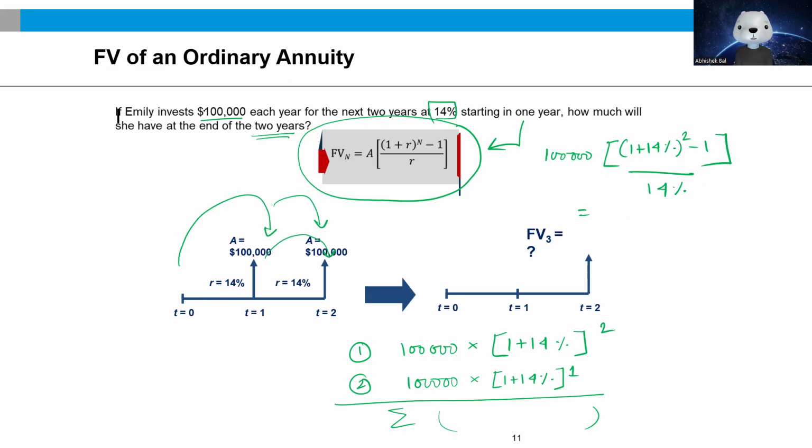So in this case, since this is a level payment that's happening, $100,000 is being invested each year, you could use the TVM worksheet once again. Yes, you've guessed it right. What do you have to do? We have to key in the values appropriately.